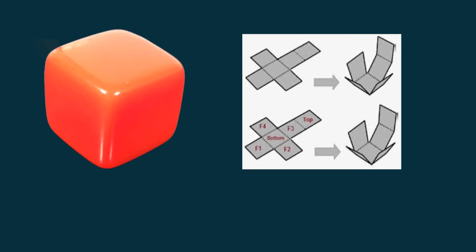So first let us start with how to deconstruct the cube. This will make the visualization of a cube much easier. When you deconstruct the cube, you'll get a figure like the first image shown here.